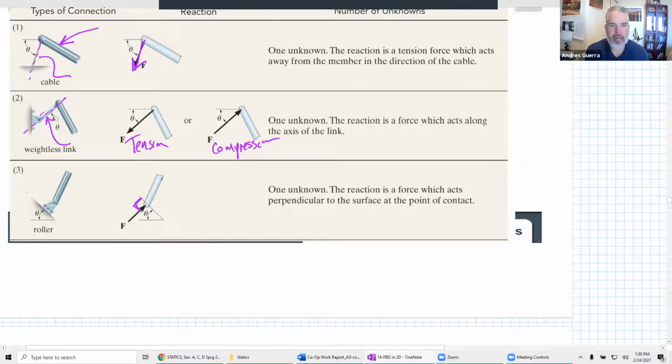It doesn't matter what angle the rigid object is. It matters what angle the plane is where the roller is sitting. That's what the theta is. They don't tell you the theta of the actual rigid object. You can think about all the rigid objects they're showing in these as a board, or a piece of steel or whatever.